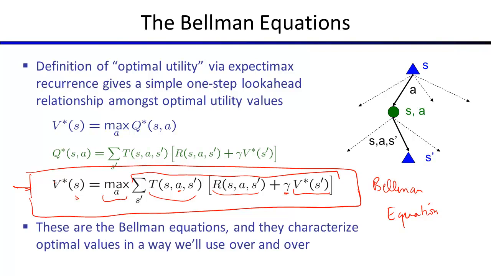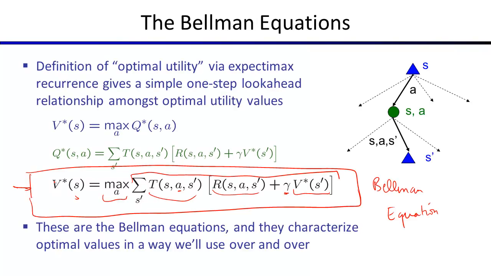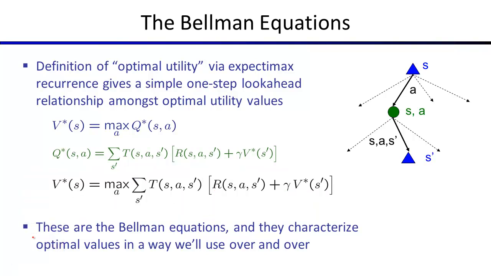All right. So value iteration. Yes? If the gamma is encoded in the V star of S prime, then why is it needed for the first one? Okay, so let's take a closer look at what's happening underneath here.